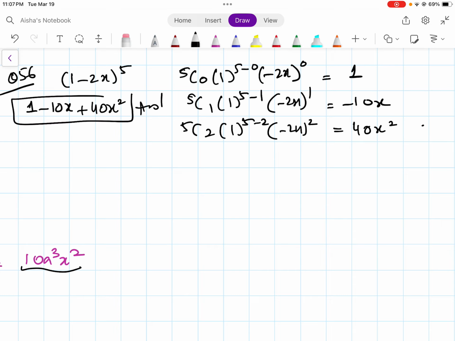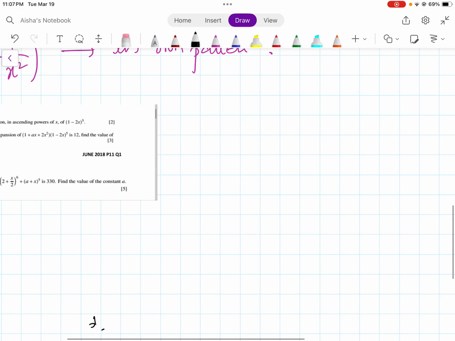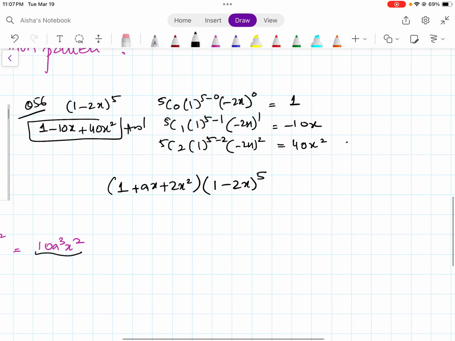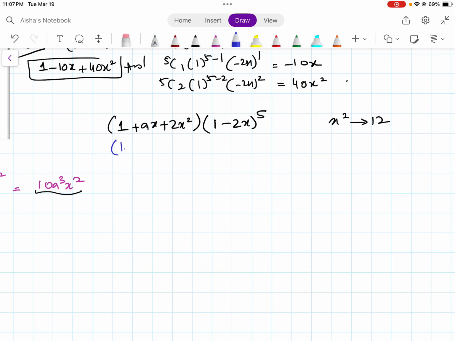This is my expansion. Second part says, find the value of a, given that the coefficient of x squared in the expansion of this is 12. Let's write this expression: (1 plus ax plus 2x squared)(1 minus 2x) to the power 5. The coefficient of x squared is 12. Just copied it down. Okay, x square means we go with relevant multiplication.